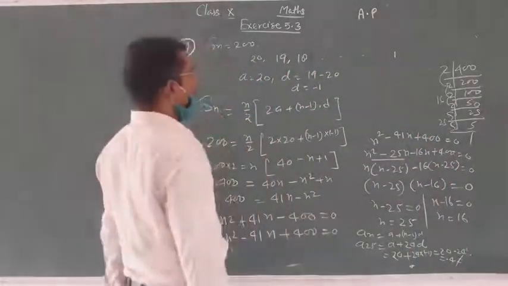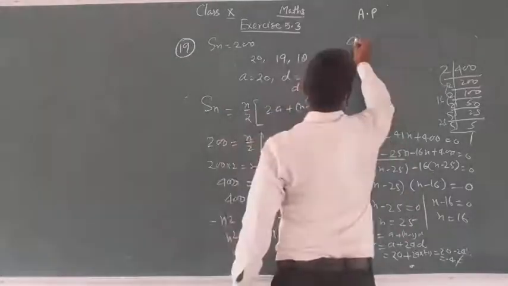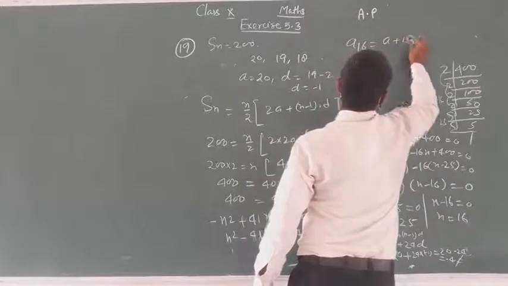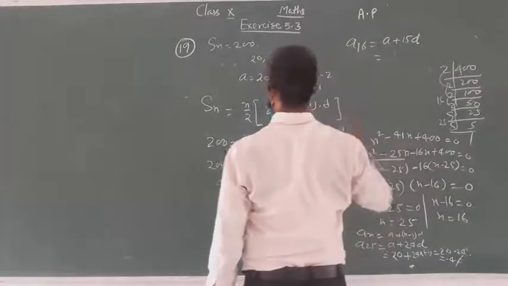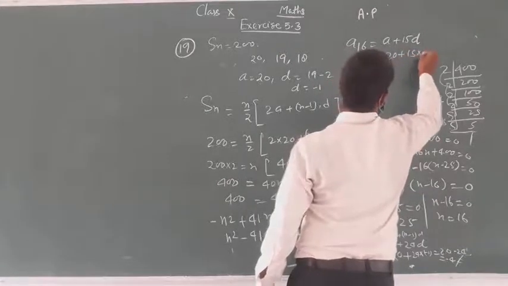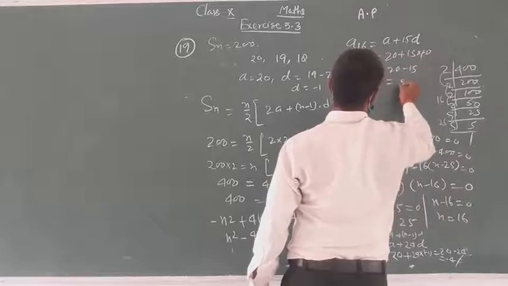And also a16 is equal to a plus 15d. So now put here 20 plus 15 into minus 1. So 20 minus 15 is equal to 5.